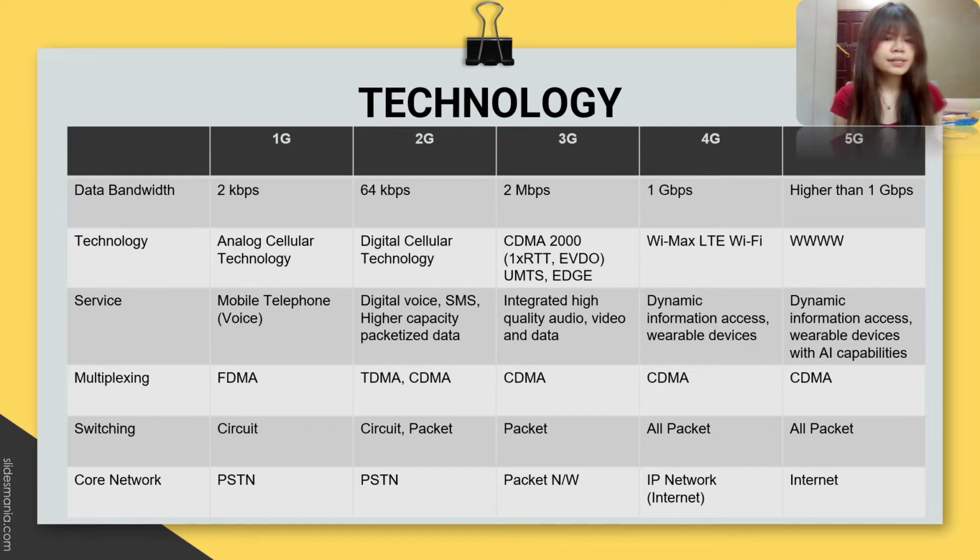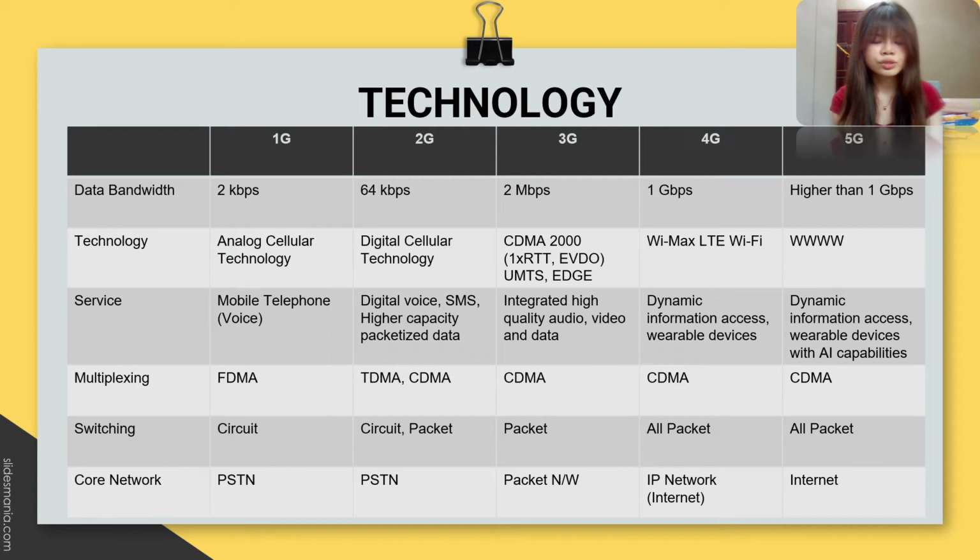For the multiplexing, 1G uses FDMA, 2G uses TDMA and CDMA, 3G uses CDMA, 4G also CDMA, and for the last, 5G, also CDMA. For the switching technology, 1G is circuit, 2G is circuit and packet, 3G is packet, 4G is all packet, and 5G also uses all packet.